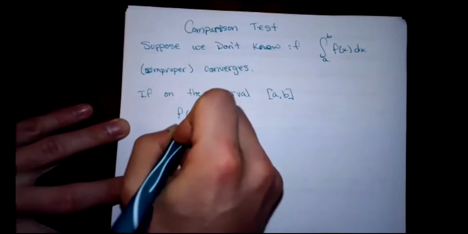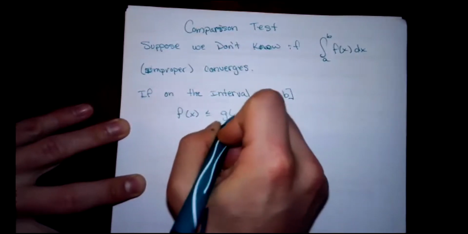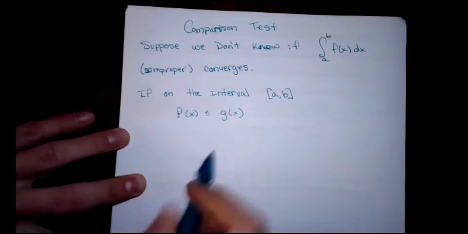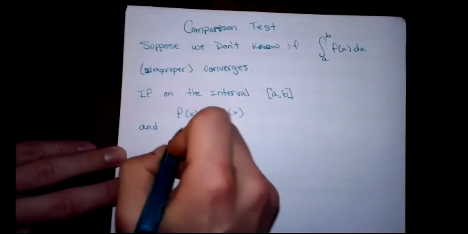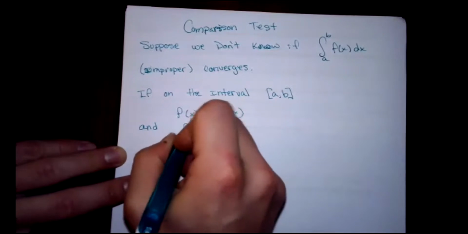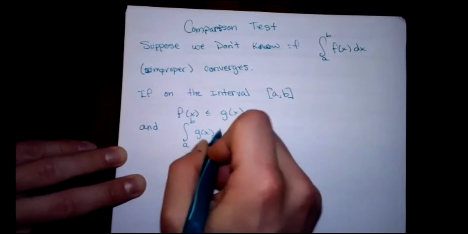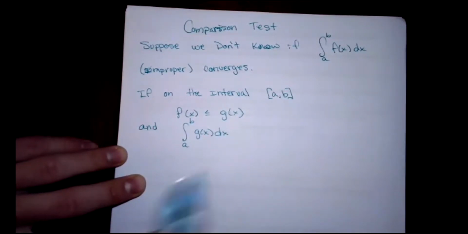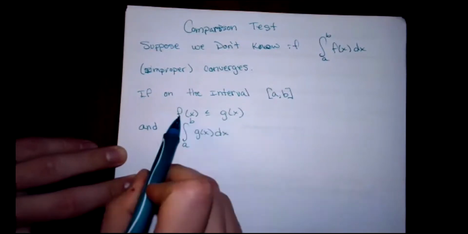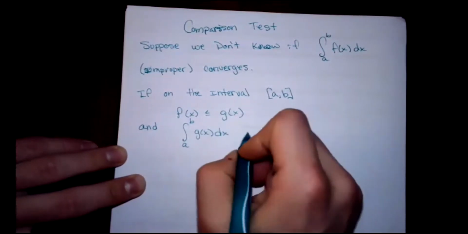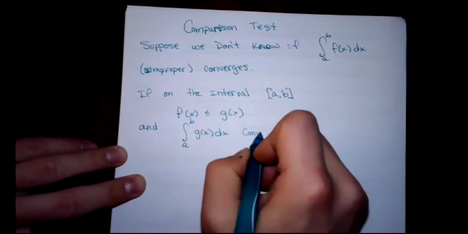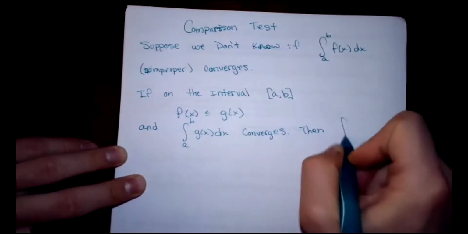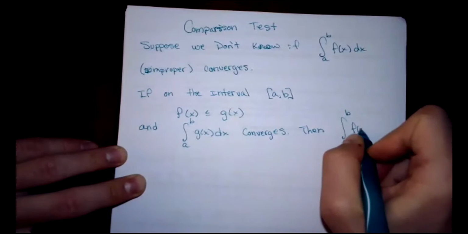Suppose f of x is less than or equal to some other function. So I know that I can bound this function by another function, and this function is a little bit nicer. I'm able to just find a nicer function g of x that is bigger than f of x, and it converges. Well, then I know that the integral of f of x converges.